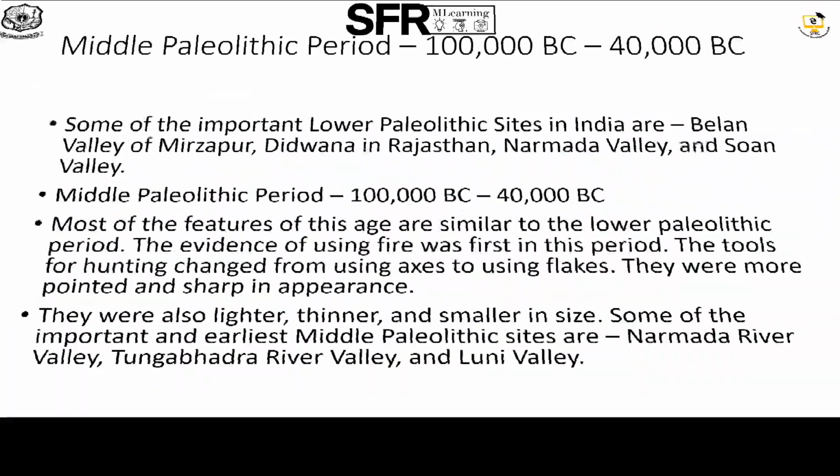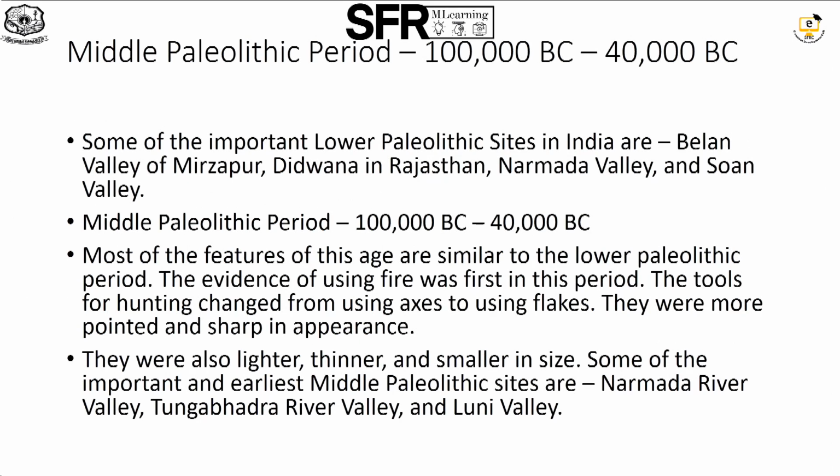And next, regarding the Middle Paleolithic age, it starts from 1 lakh BC to 40,000 BC. Some of the important Paleolithic sites found in India are Belan Valley of Mirzapur, Didwana in Rajasthan, Narmada Valley and Soan Valley. The Middle Paleolithic period prevailed between 1 lakh BC to 40,000 BC.